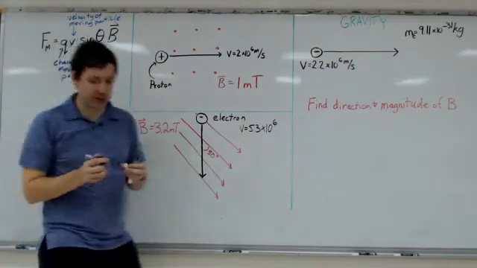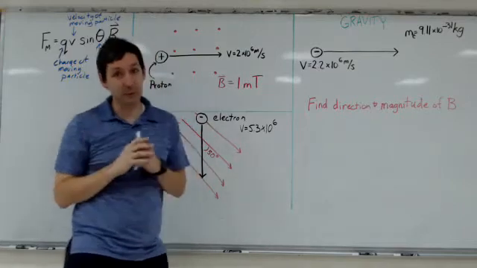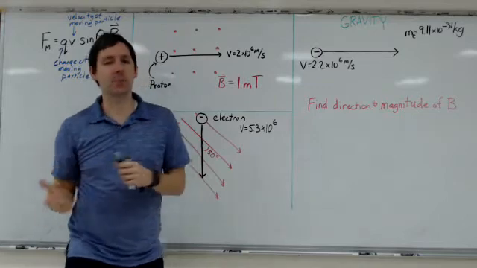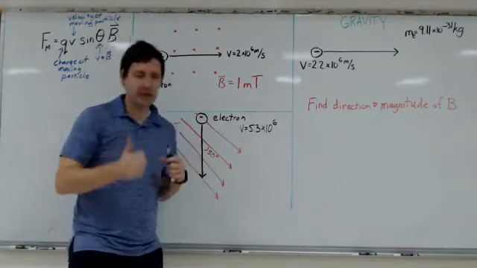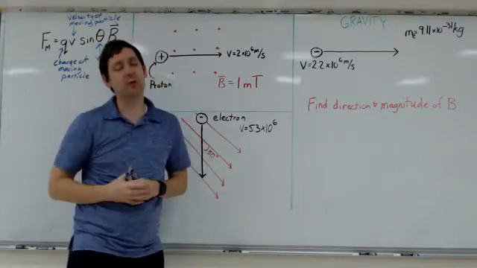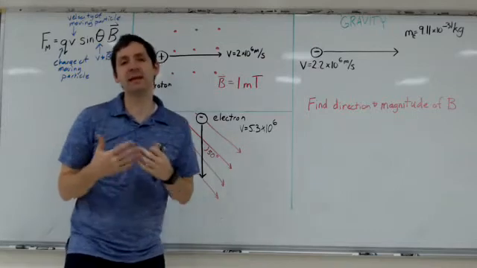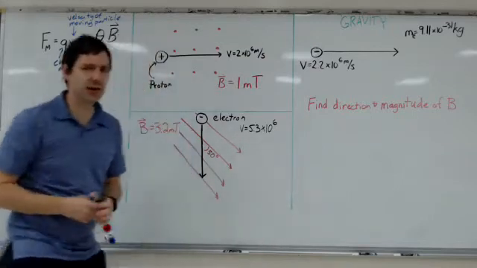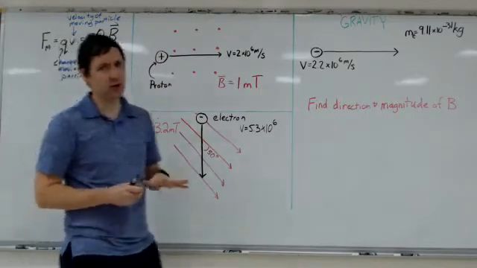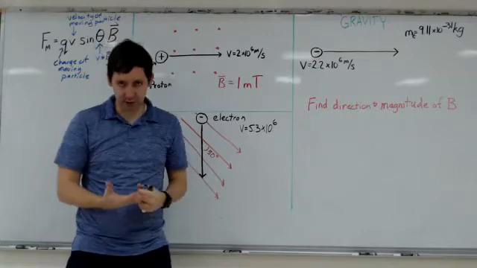Really, the important part, what you noticed as we went through all the directional stuff, is that everything had to be perpendicular, right? The force that we ended up getting ended up being perpendicular to the direction of the motion of the particle, right? It was perpendicular to the field, right? And so what we want is the perpendicular component. Just like all the other times in this class when we've used sine or cosine, it's not about the sine or the cosine, it's about getting the right component of the vector that we're using.